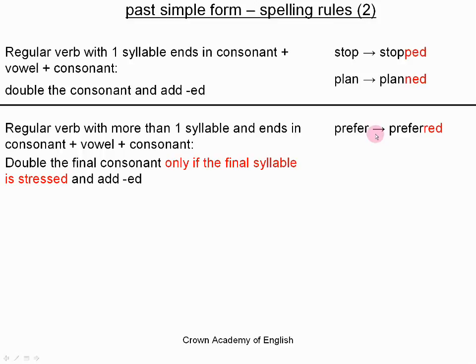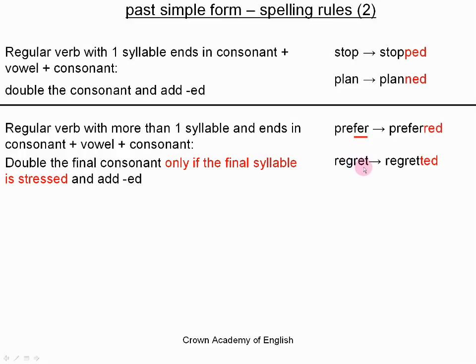So prefer becomes preferred, and regret becomes regretted. And you can see here we stress the final syllable. When we say prefer, we stress the last part. So that is why we double the consonant and we add ed.